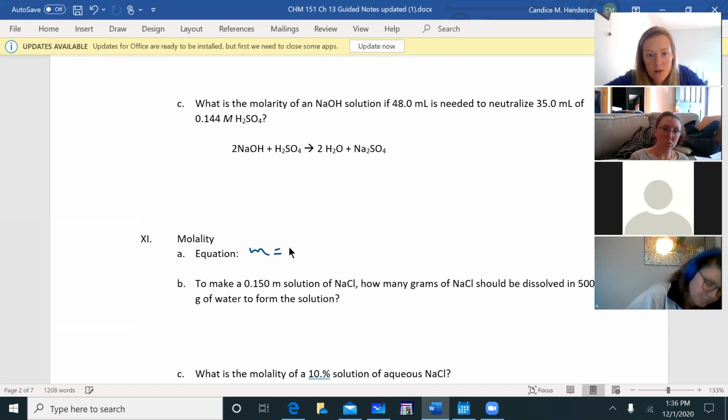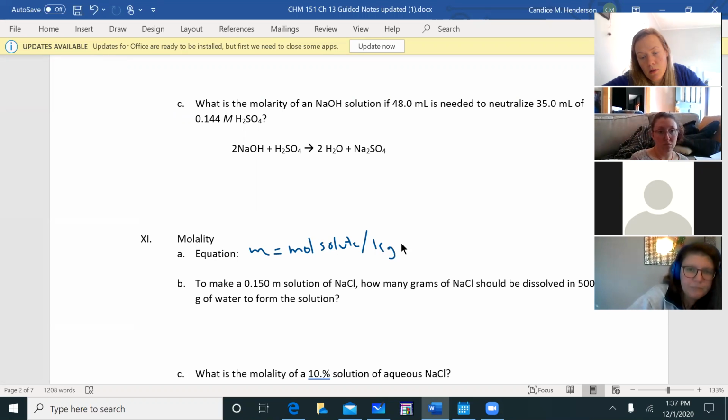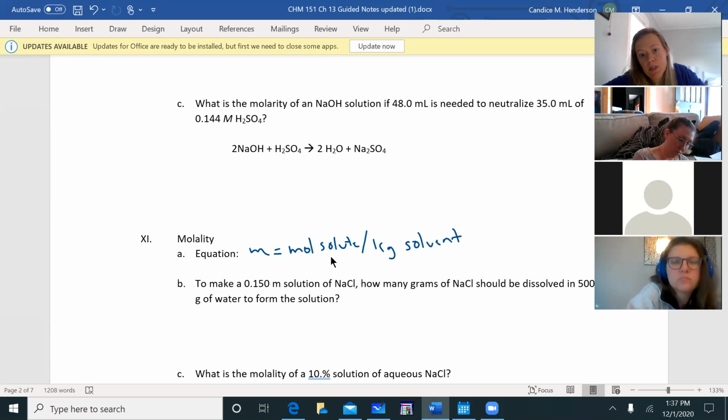And molality is going to equal your moles of your solute divided by kilograms of solvent. Notice that the top is talking about the solute, the bottom is talking about solely the solvent.